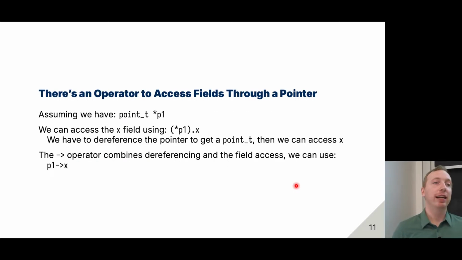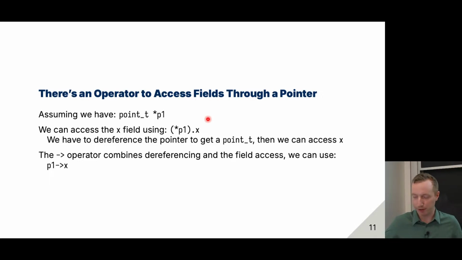There's actually a special C operator to access fields through a pointer. If I have a pointer to that structure, to access it I would have to dereference P1 and put it in brackets to make sure the precedence rules dereference it first. It's kind of a pain.